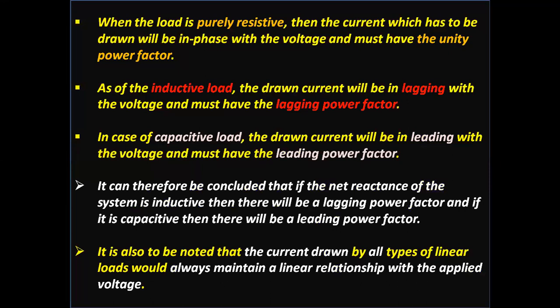It can therefore be concluded that if the net reactance of the system is inductive, there will be a lagging power factor, and if it is capacitive, there will be a leading power factor. It is also to be noted that the current drawn by all types of linear loads would always maintain a linear relationship with the applied voltage.